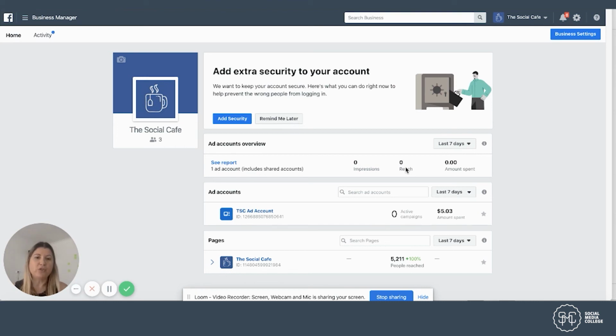So Facebook wants to show good ads to people. They know that ads are pretty much par for the course, and they know that they can't not present ads, because that's how they earn money. So they want good ads, and that way it's going to help keep people on the platform. And if you have a poor user experience, what will happen is your ad costs will go up, but you'll also be throttled in the delivery.